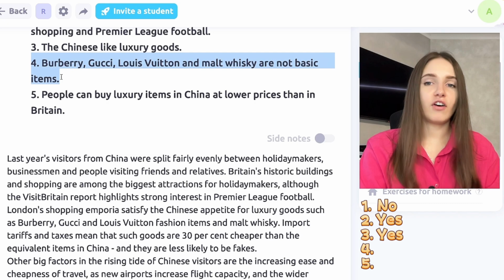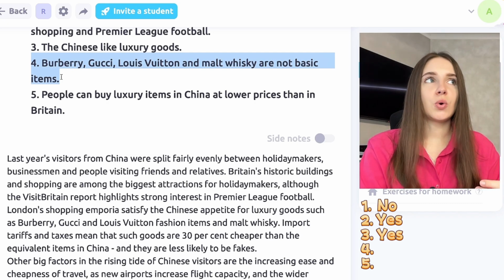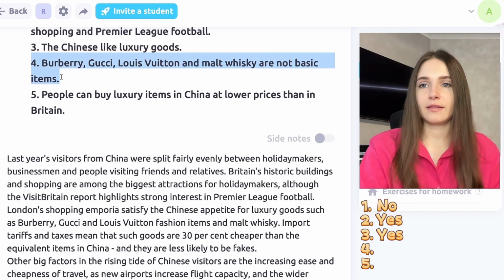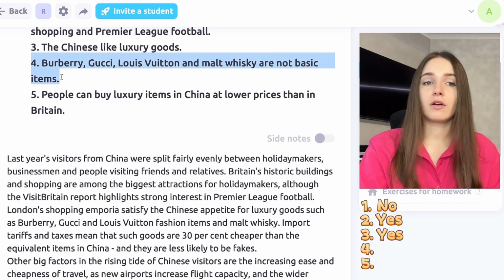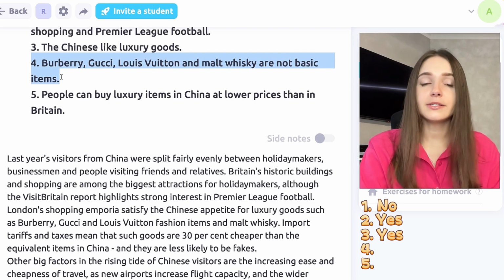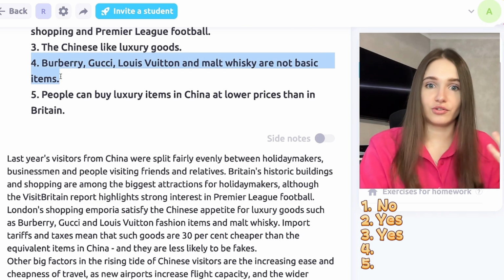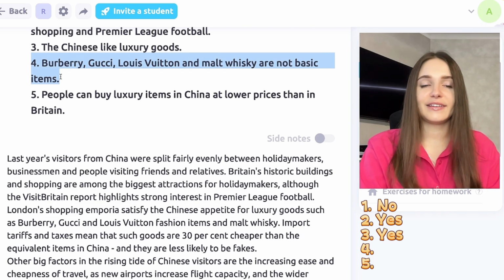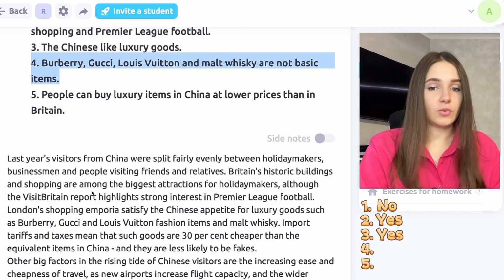It may be vitals, some essential items, collocations like this, showing that people literally cannot live without them. In this text, we have phrases like luxury goods, which Burberry, Gucci, Louis Vuitton actually are, but we need to be really careful here.